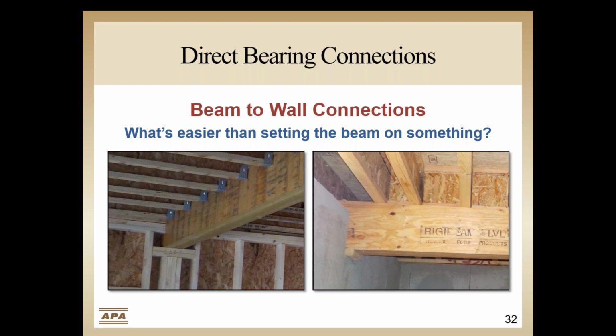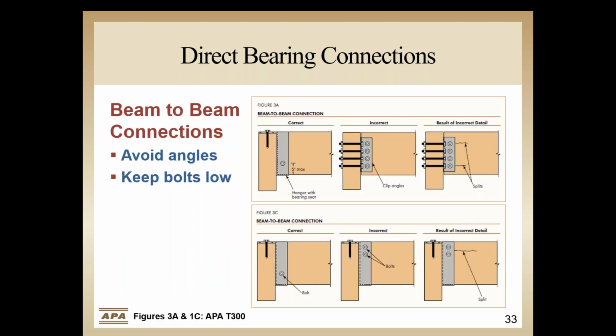We can improve this detail by framing the studs directly to the bottom of the beam where the crushing of the LVL now controls. This will increase the allowable bearing for this detail by approximately 75%. Since wood is stronger in the parallel to grain direction, this bearing could have easily been improved by framing the studs directly to the bottom of the beam with king studs on the sides to provide lateral support.